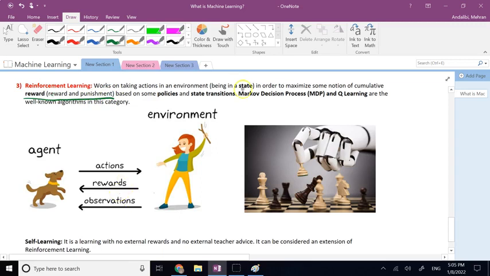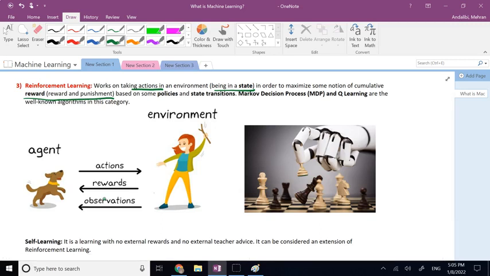You are in a situation, you are in a state. You take some action. That action either brings you a reward or a punishment. What would you do? If it gave you a reward, you learn that it's a good thing, so you keep doing it. If you get a punishment, you stop doing it or you try to revise it, right?